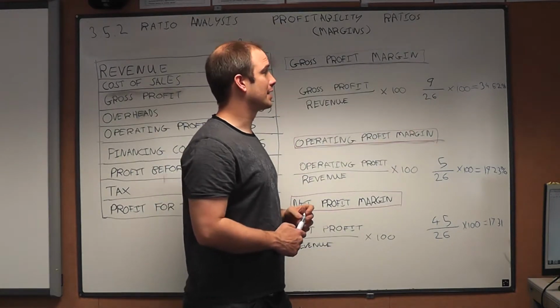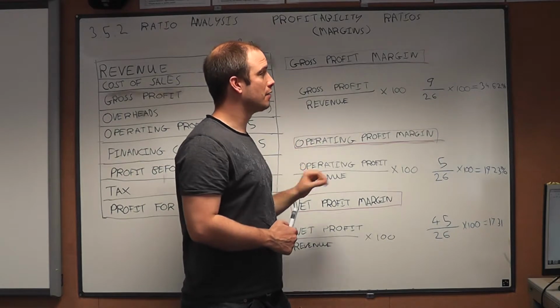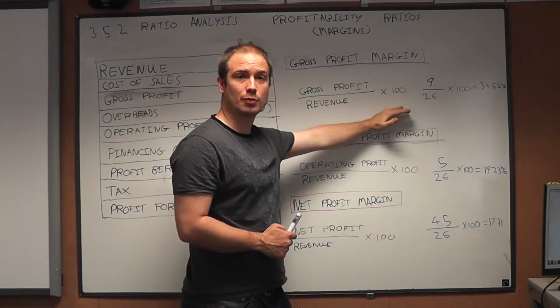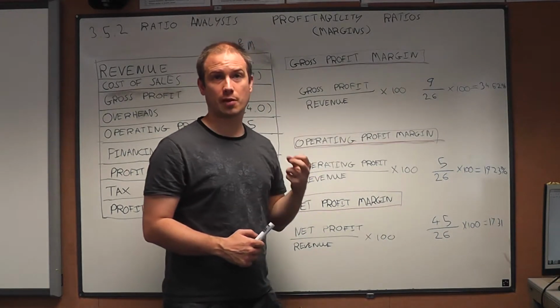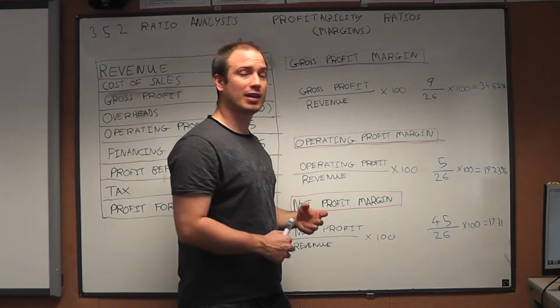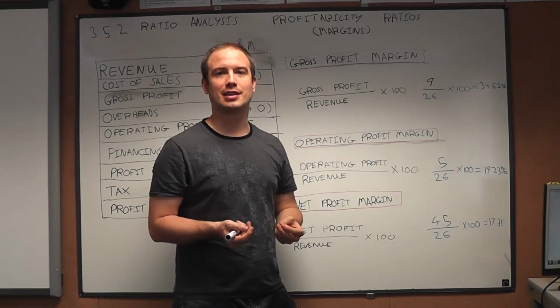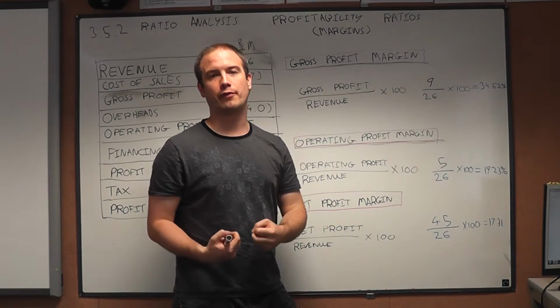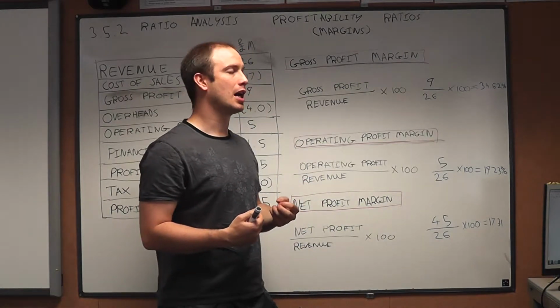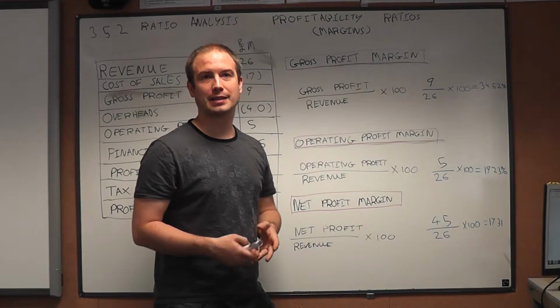And what that means is, for every pound of revenue, 34.62% is gross profit. So it gives us an idea of how good the business is at turning revenue into gross profit, or profit after the cost of sales have been paid.